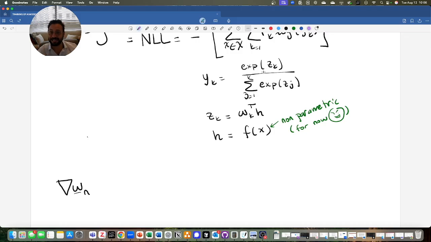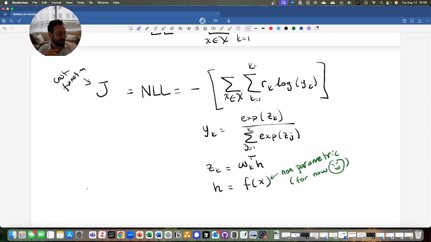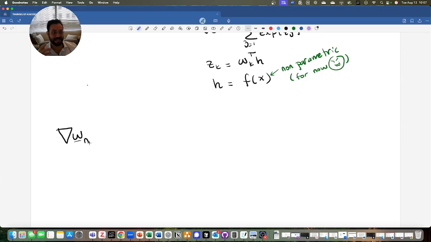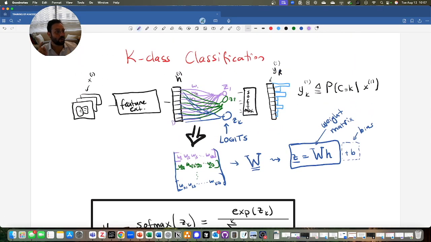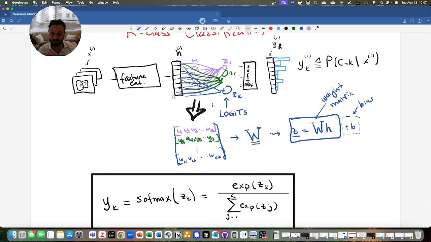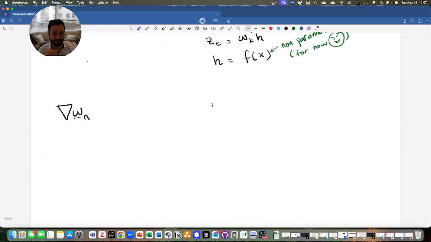K represents the class. Sometimes we will be summing over the class as exists in our dataset already, in our cost function already, and that's why I'm using n. And wn, note that it is the nth row of my matrix. It's a row vector, and if I calculate all of the wn's, the step for all of wn's, which are independent from each other, I can find my delta w, the step for the whole matrix.